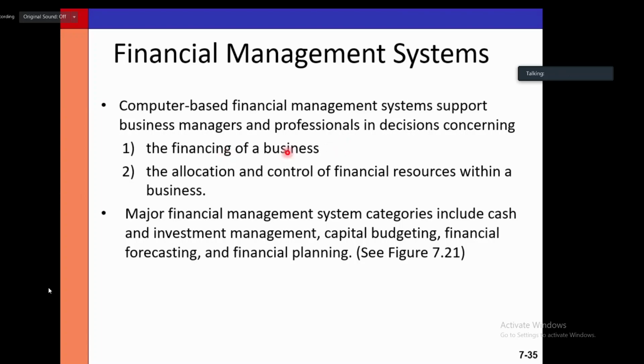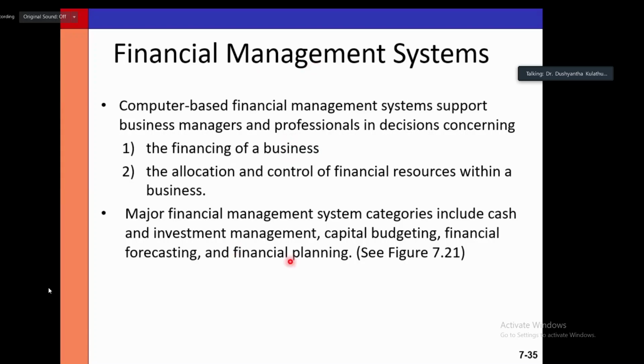That is a decision the organization has to make, and for that, they may utilize these financial management systems. Then there is the allocation and control of financial resources within a particular function. The allocation of necessary financial resources, and then monitoring and imposing certain controls, can also be done with the help of financial management systems.